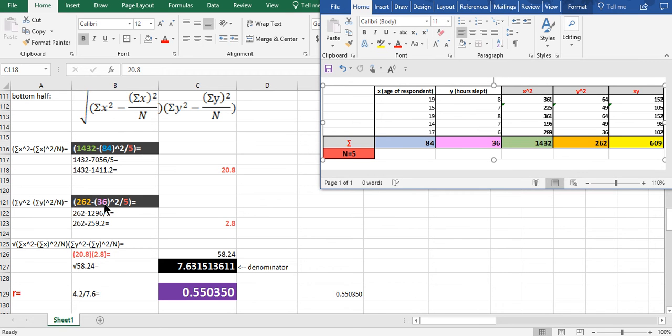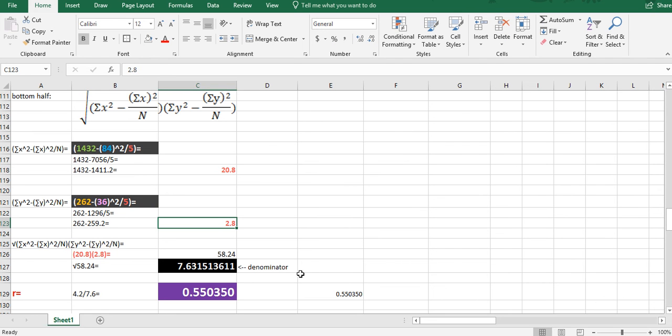Just 36 squared is 1,296. I'm going to divide that by 5 for 259.2 and subtract 259.2 from 262, which again is the sum of y squared. And we get 2.8.